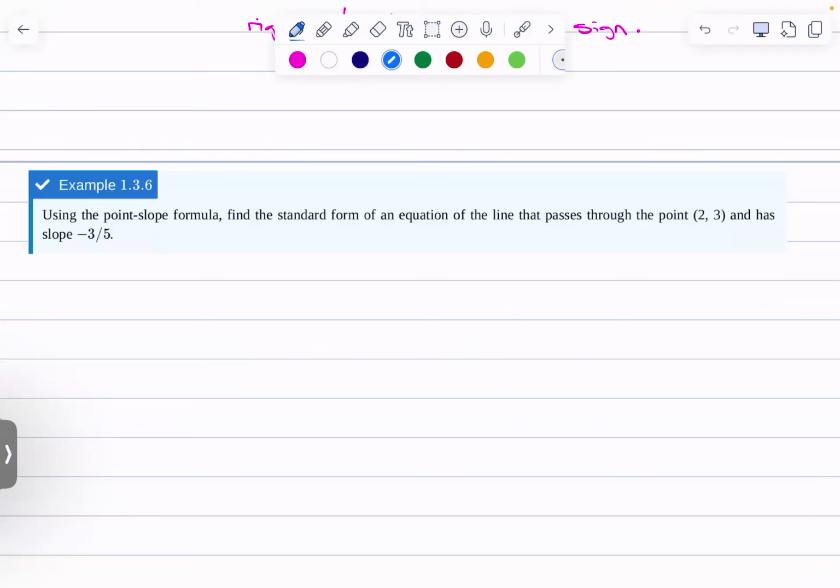Okay. So using the point slope formula, which you might remember is y minus y1 is m times x minus x1, from just earlier: find the standard form, ax plus by is equal to c, of an equation of a line that passes through the point (2, 3) and has a slope of negative 3/5.